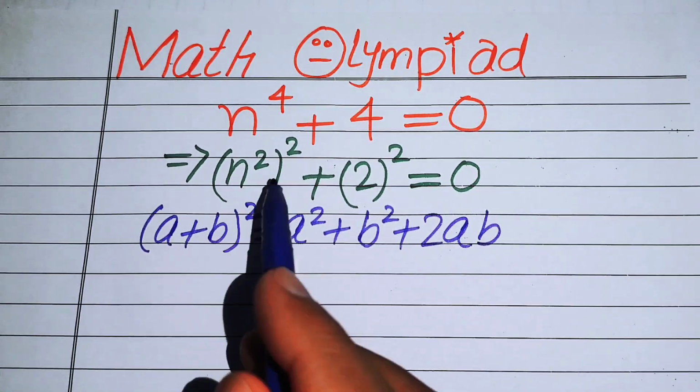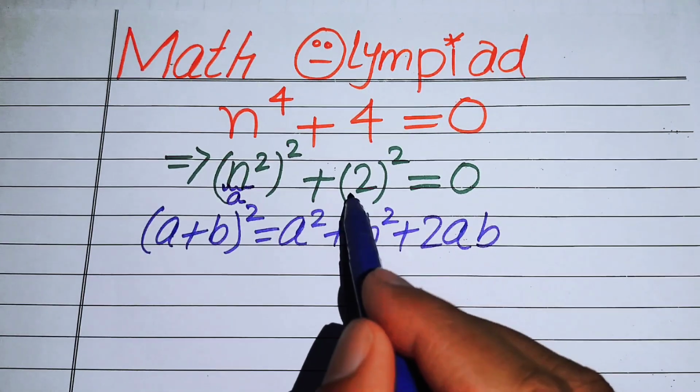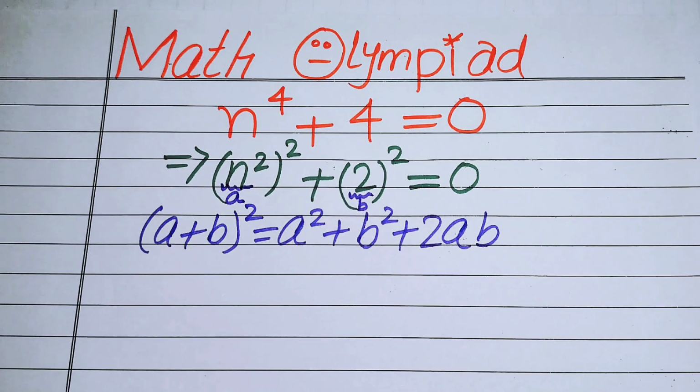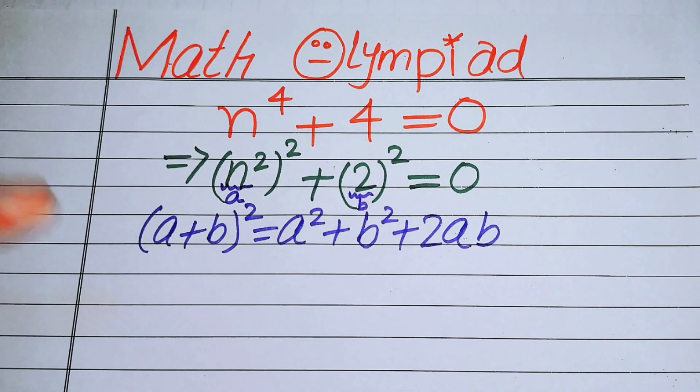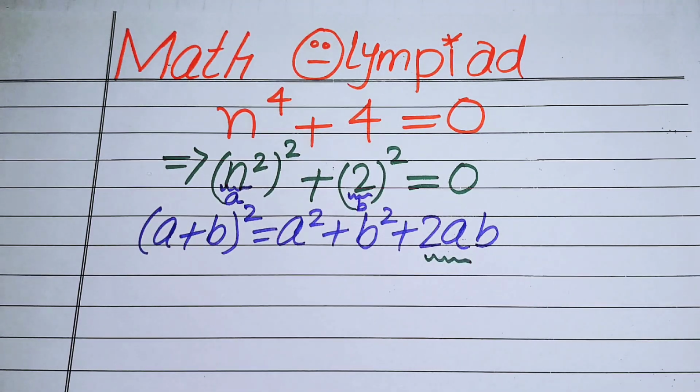If you focus on this term, in this problem this is the value of a and this is the value of b. So now we will add and subtract this term only.